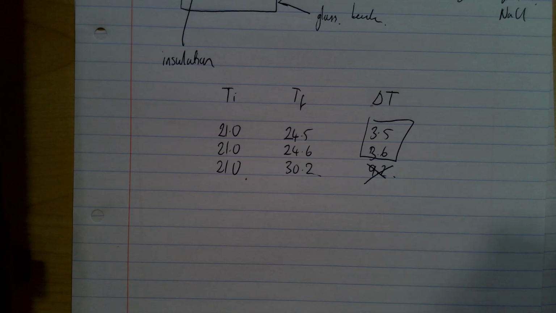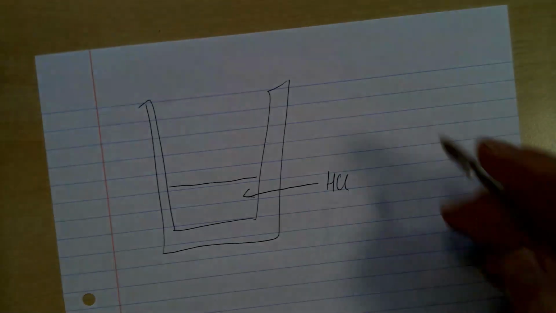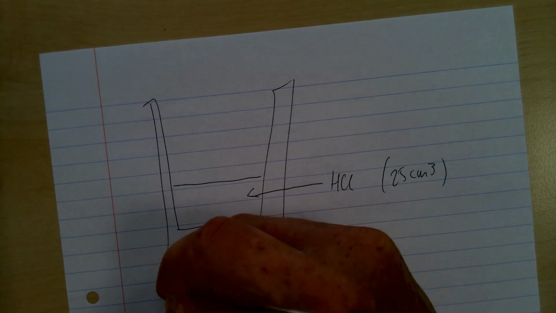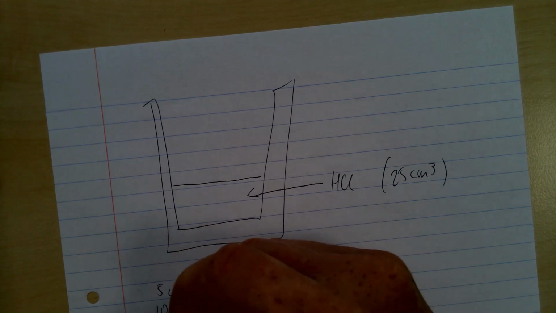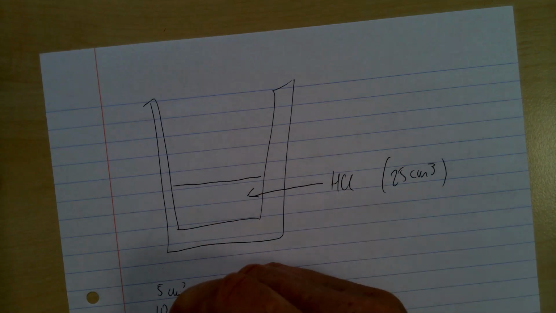You know that stuff. But the more difficult one is if you're doing one where you are adding, you start in your pot with, say, some hydrochloric acid, and you add to it a bit at a time. So let's say you've got 25 centimeters cubed of acid in there, and we add to it 5 centimeters cubed, then 10 centimeters cubed of alkali, then 15 centimeters cubed, and so on.